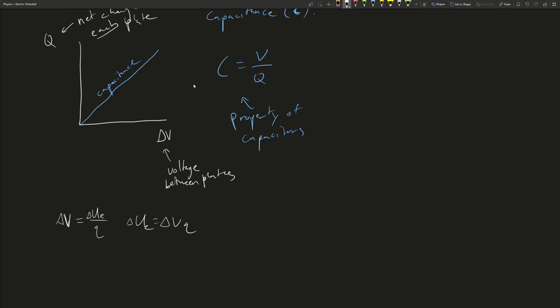For capacitors, instead of UE, we will denote it as UC. And if you look at this graph, you see that the area of this graph is just the charge times the change in voltage. So area here is going to be equal to UC. And so from this, we get that the area is going to be 1/2 Q change in V. And this is the amount of energy the capacitor stores for a given charge and voltage.